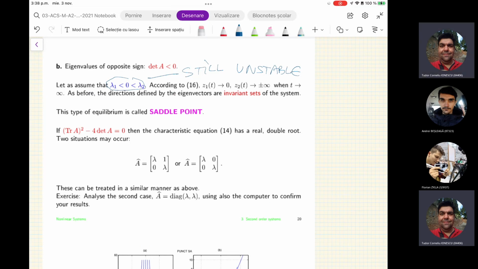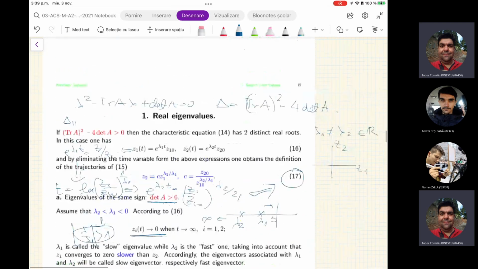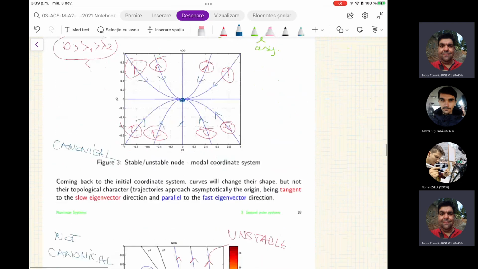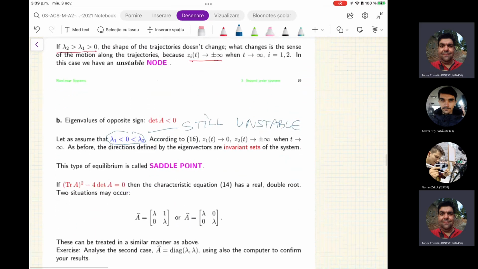If you go back to equation 16, one is going to 0 whereas the other one is going to infinity. z1 goes to 0 and z2 is plus or minus infinity.